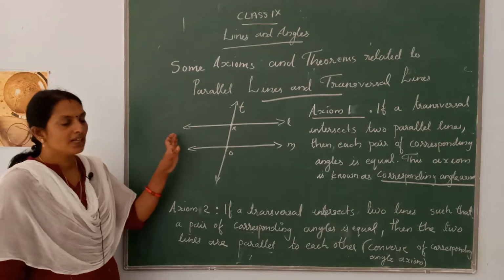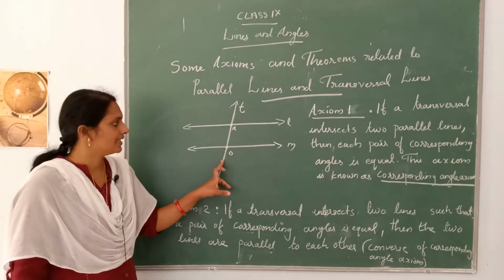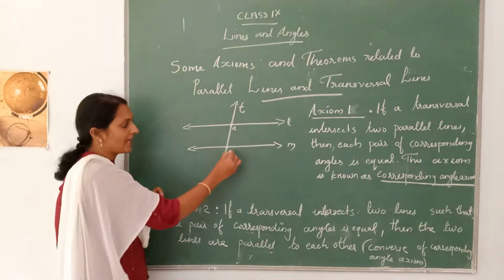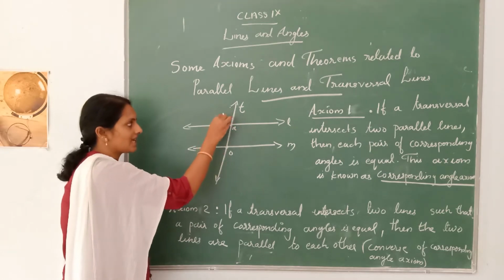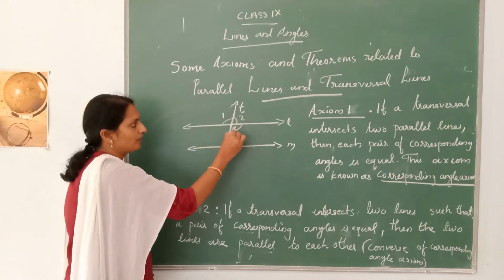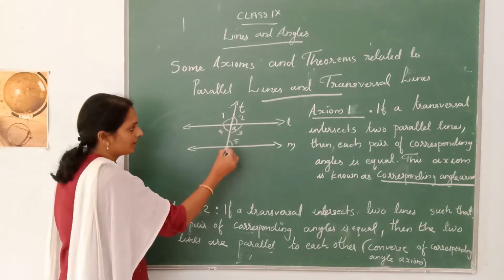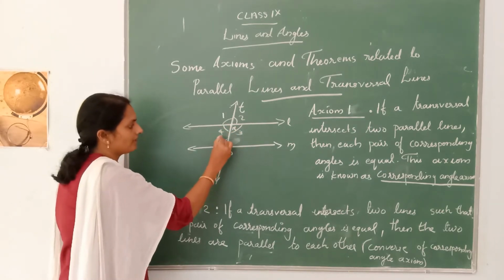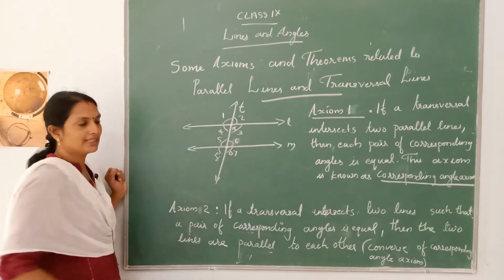The transversal T cuts at N and O and forms 8 angles. Consider these angles as 1, 2, 3, 4, and 5, 6, 7 and 8.